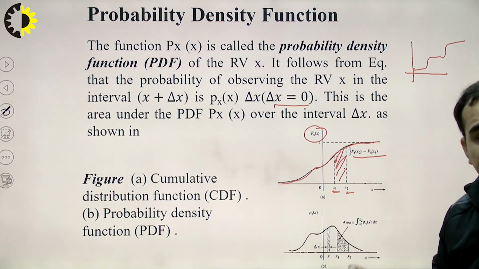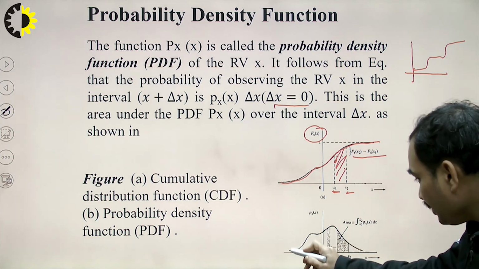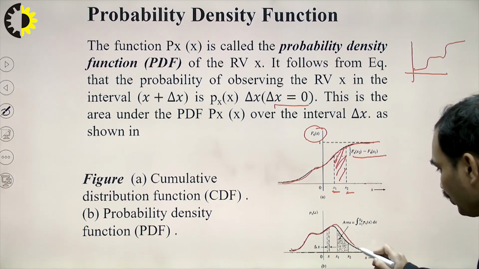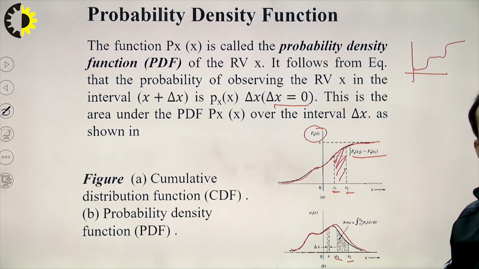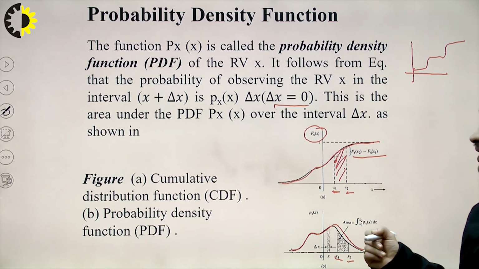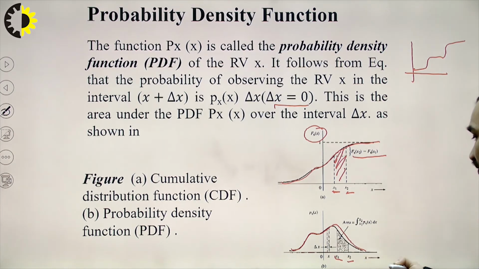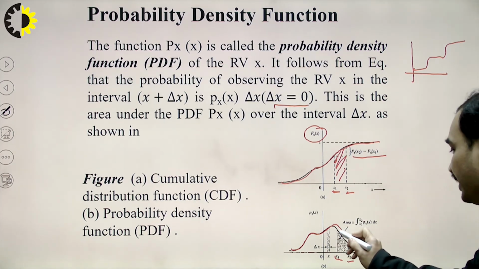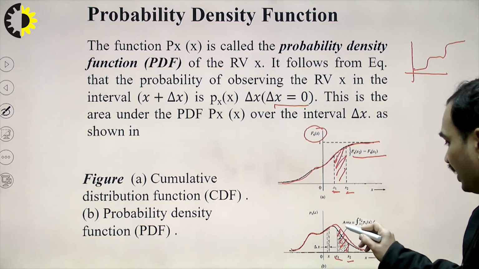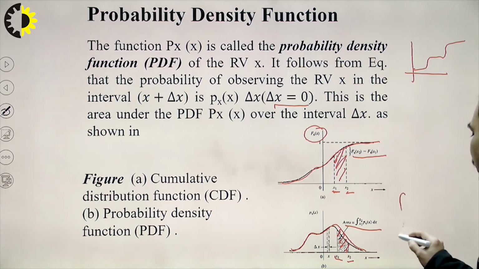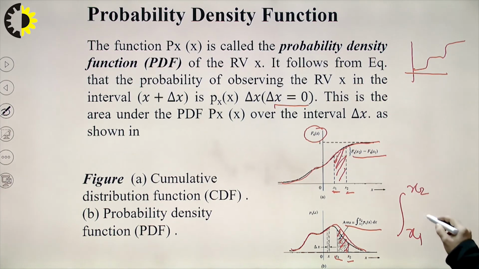The probability density function is represented by this curve, and between the interval x1 and x2, it is represented by the area under the curve, which equals the integration between the limits x1 to x2 of p of x dx.